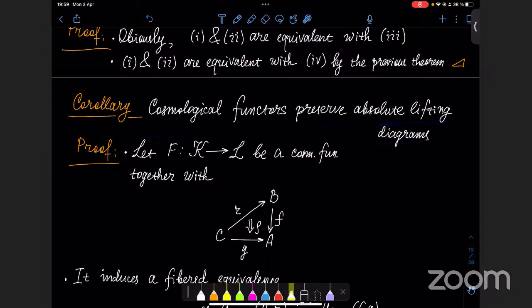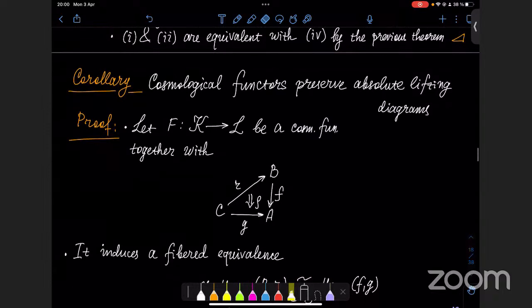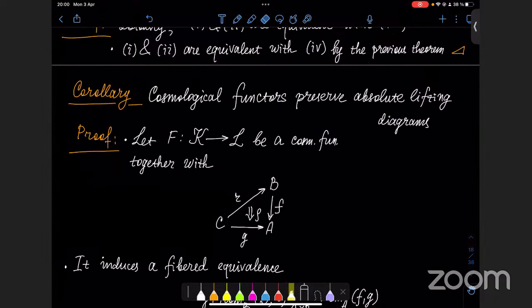It easily follows because we can characterize this property of being an absolute lifting diagram just in terms of comma infinity categories, but the last one is of course preserved by cosmological functors.